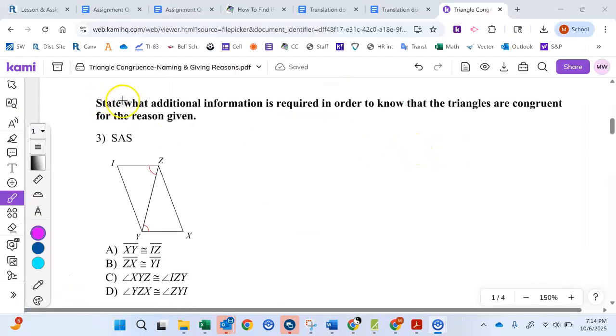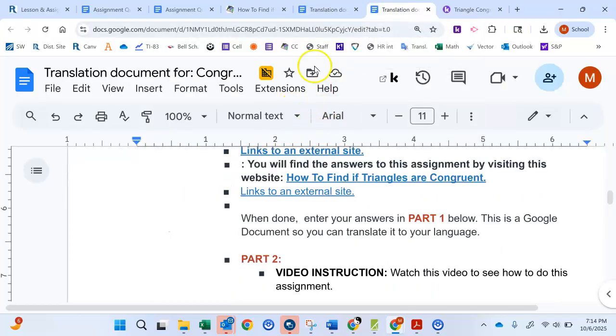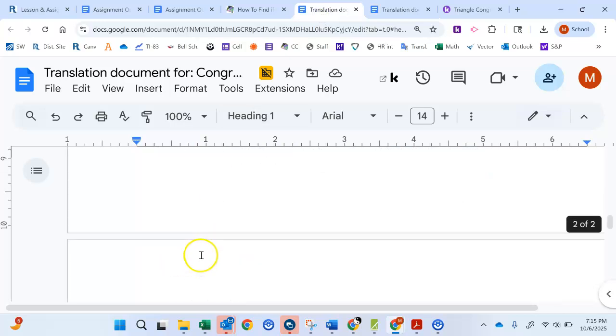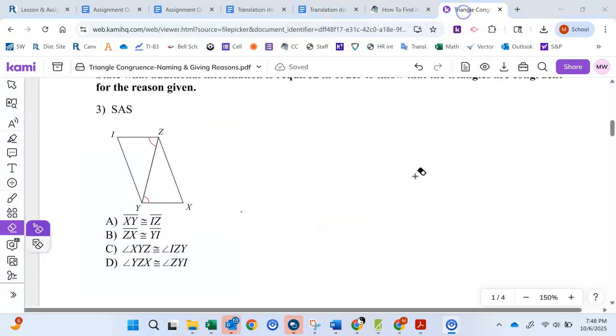Okay, so this one is important to understand: we need additional information required to know that triangles are congruent for the reason stated. So what I want you to make sure you do is, let's see, is this one here the one that you did? No, I think it's this one. I want you to make sure that you translate this if you don't know or read it so you know what it's asking.